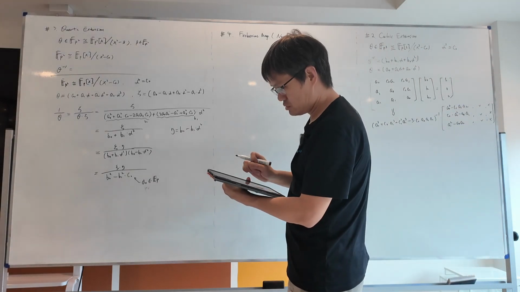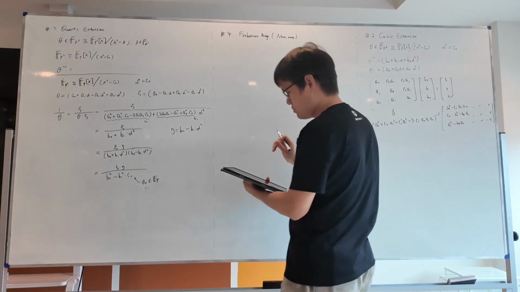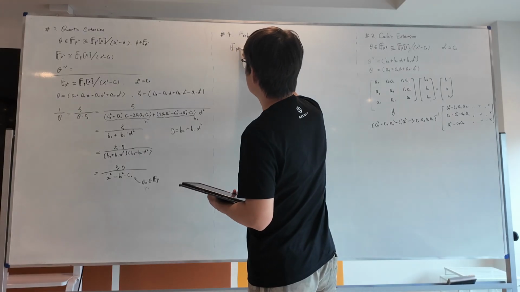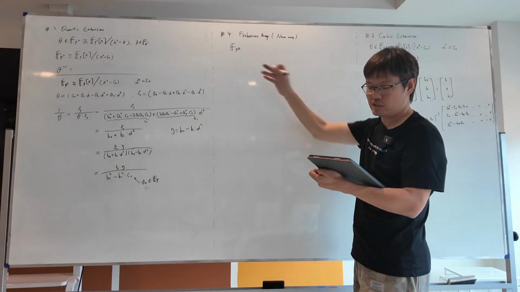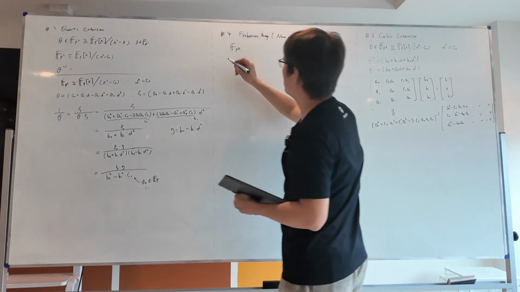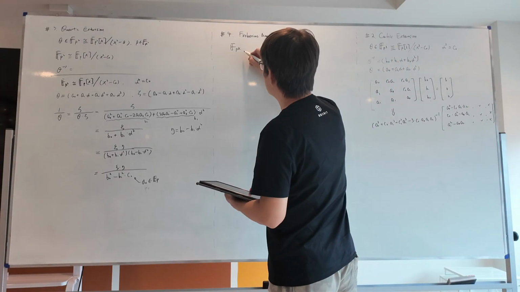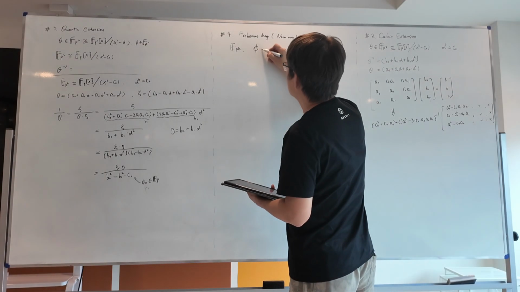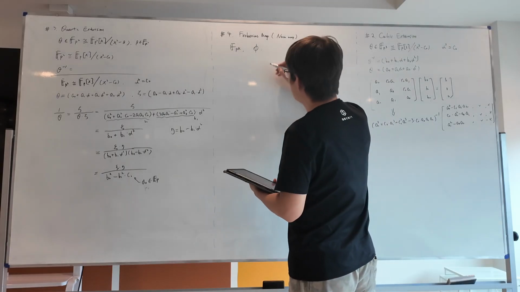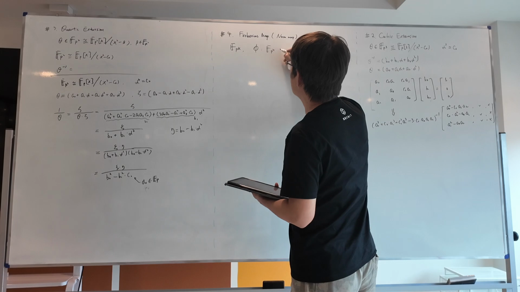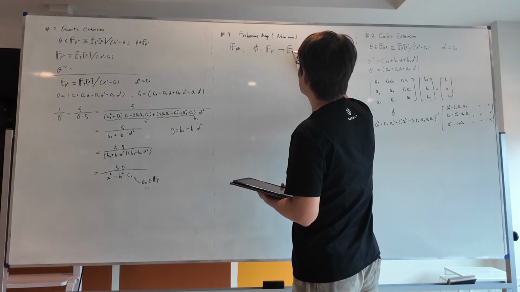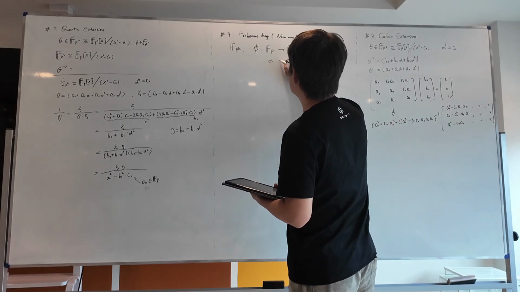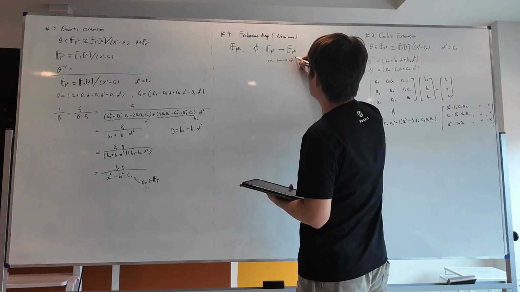So I should introduce what the Frobenius map is. For any F_{p^k}, the k-degree extension field, we can always find a map phi from F_{p^k} to F_{p^k}, alpha sends to alpha^p.